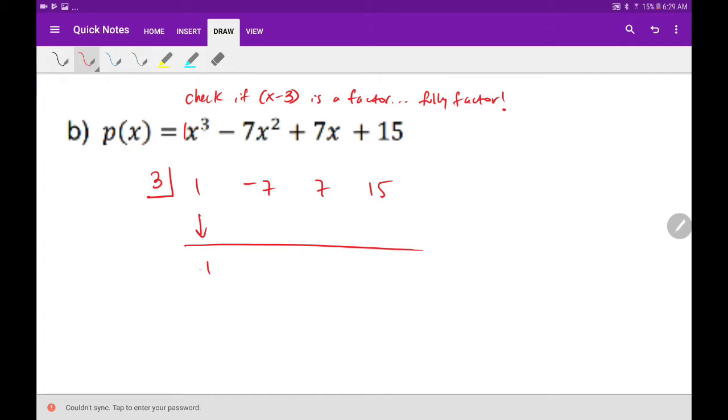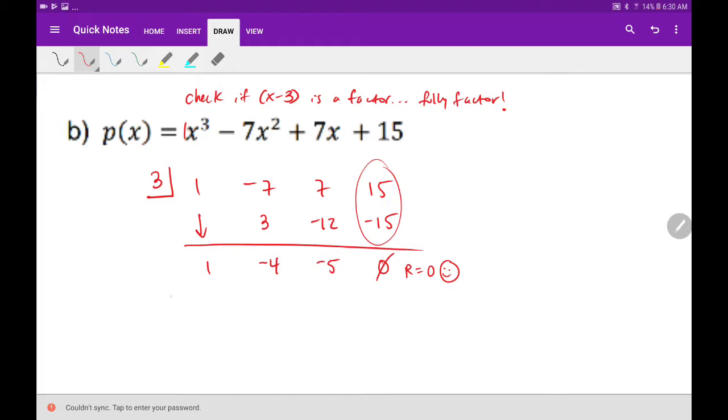So let's bring down the 1. 1 times 3 is 3. -7 plus 3 is -4. -4 times 3 is -12. 7 minus 12 is -5. -5 times 3 is -15. And this looks like it's going to work out nicely because 15 minus 15 is 0. So our remainder equaled 0 in this case.